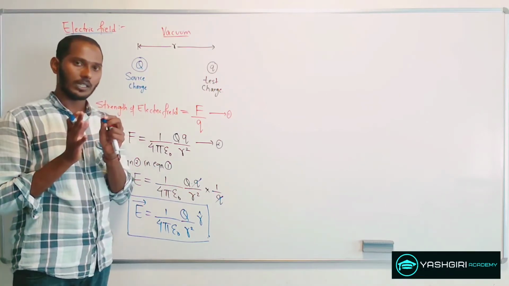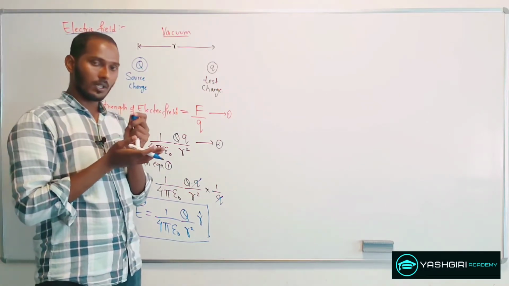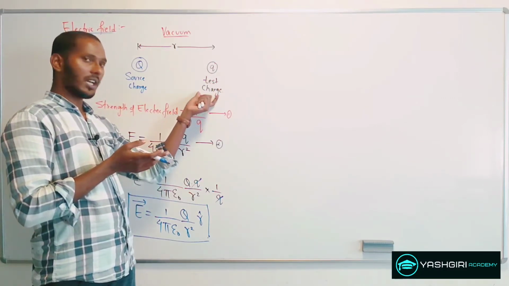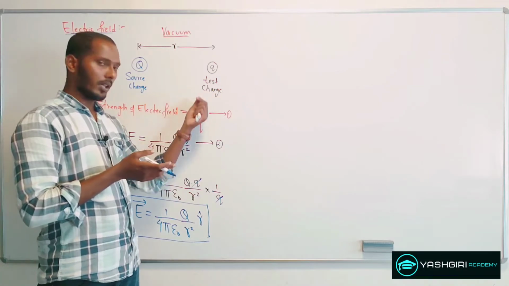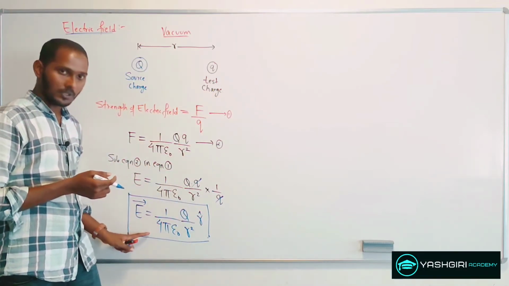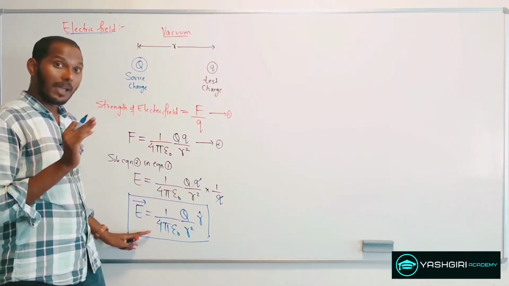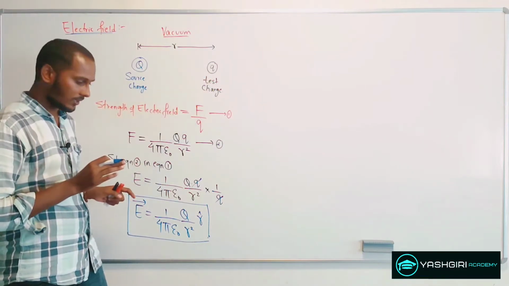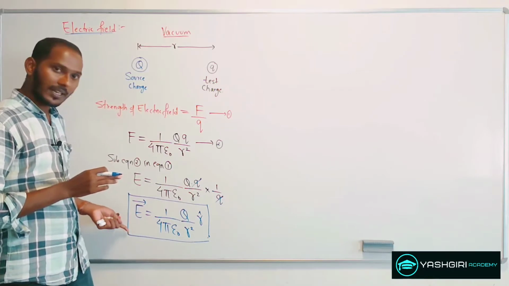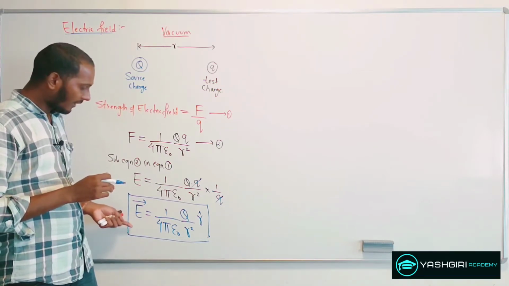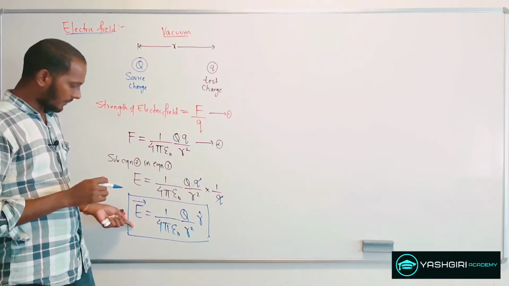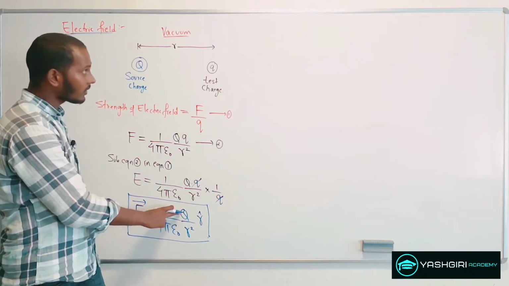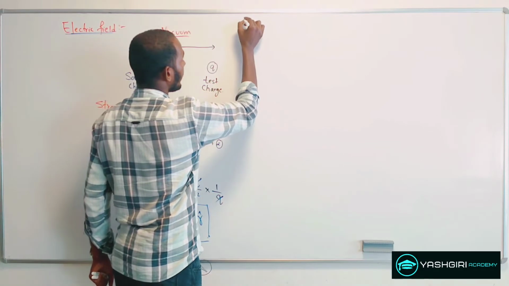Now, in the definition of an electric field we have used a test charge, but the mathematical expression is independent of the small charge q, which is your test charge. So from this expression I can say that the electric field E is dependent on the magnitude of the charge Q. That's the first point I can make.